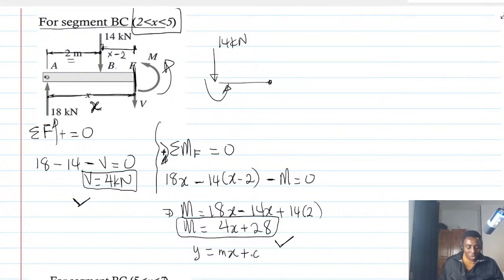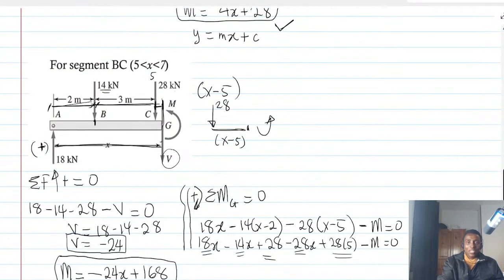If you compare this to the equation of a straight line, you can say that what you have here is actually a straight line. Is that right? But the slope of the straight line is 4. And the y-intercept is what? 28. So simply put, this is a line with slope 4 and the y-intercept of 28.